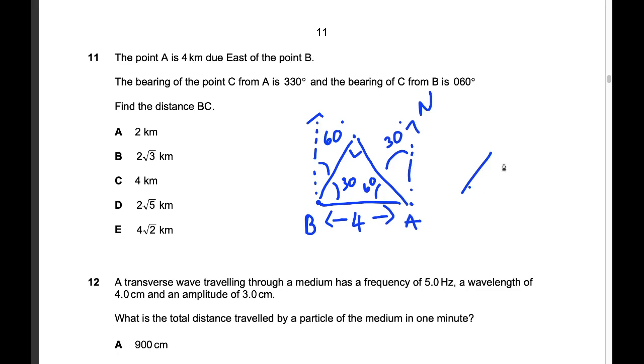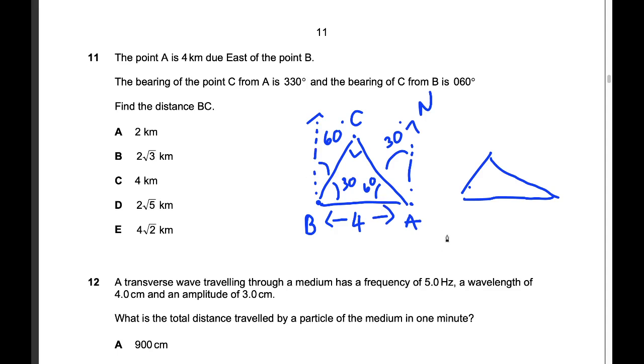So I'm going to redraw it as a right-angled triangle. I know I've got 60 degrees here, 30 degrees there. I'm looking for this distance BC, which is the one next to my 60 degrees here. So I'm going to be using sine 60.